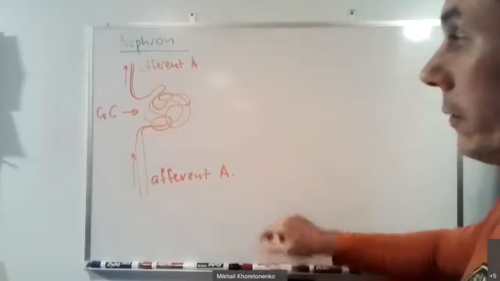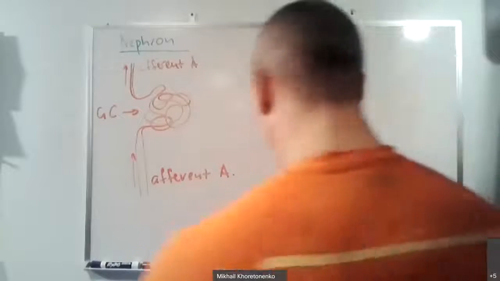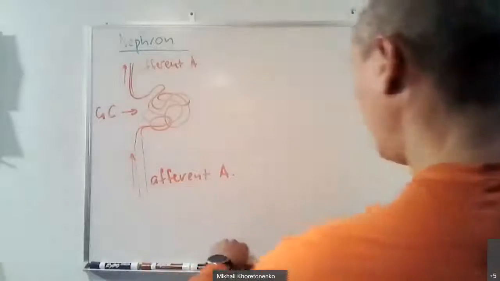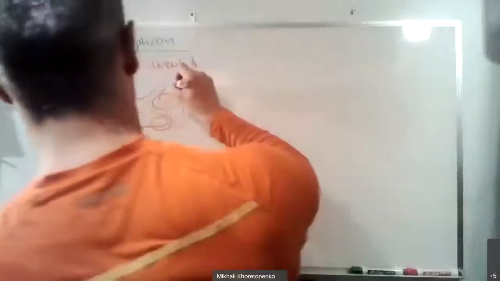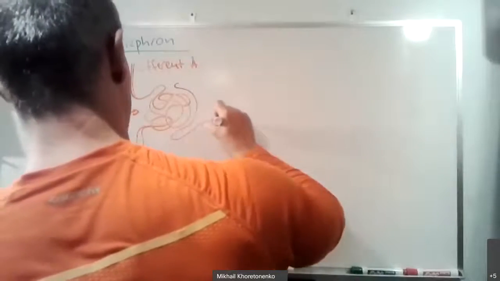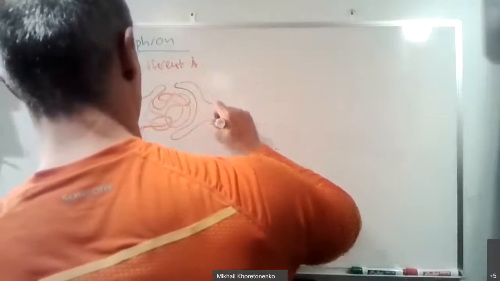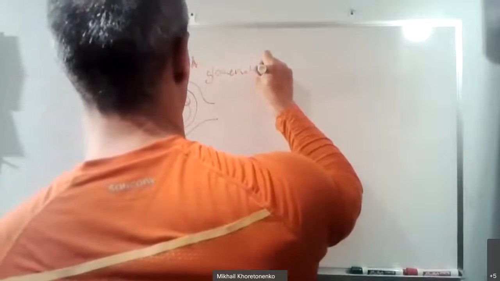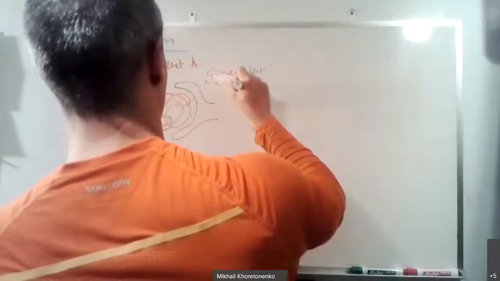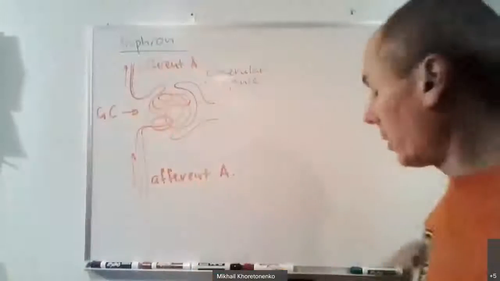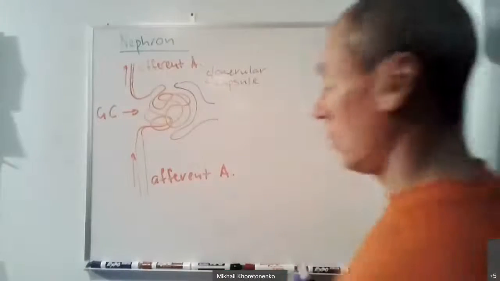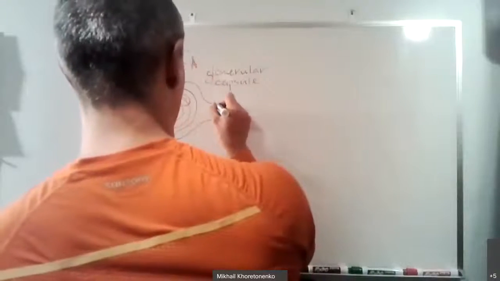Now, filtration occurs in the glomerular capillaries, and fluid gets filtered into so-called Bowman's capsule or glomerular capsule. Okay? So this is glomerular capsule. From the glomerular capsule, filtrate enters proximal convoluted tubule.